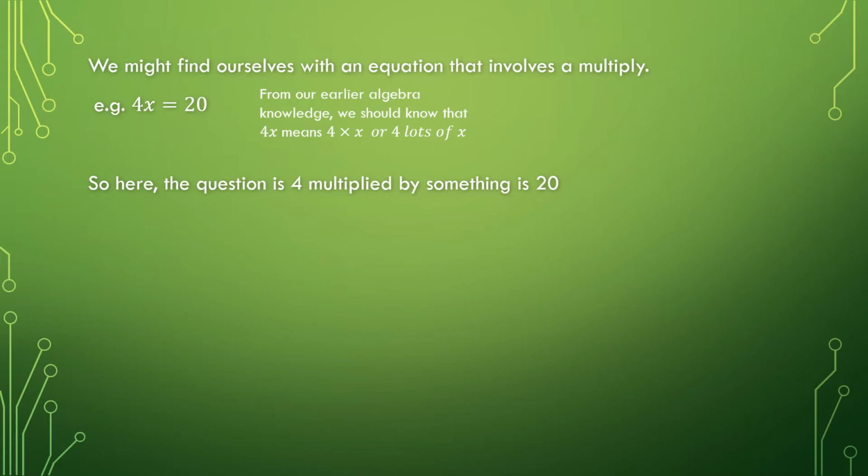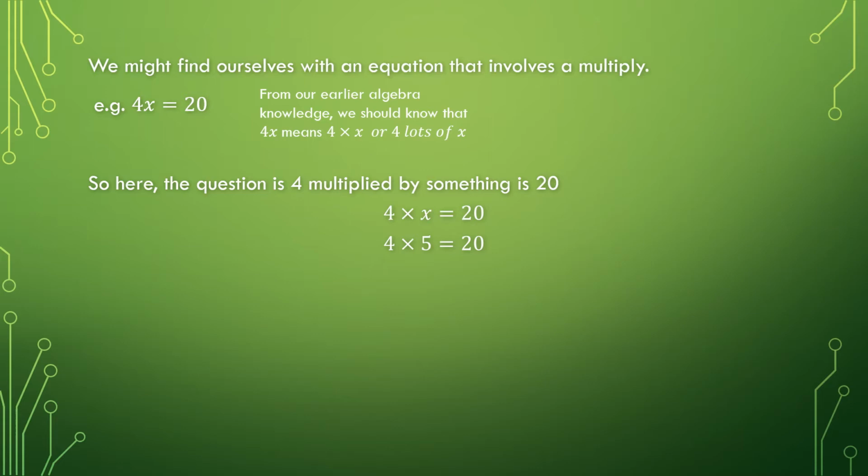If we were to write that out in a more formal way, we might say 4 multiplied by x equals 20, rather than just 4x equals 20. 4 lots of x equals 20. 4 multiplied by what is 20? Well, 4 multiplied by 5 gives me 20.